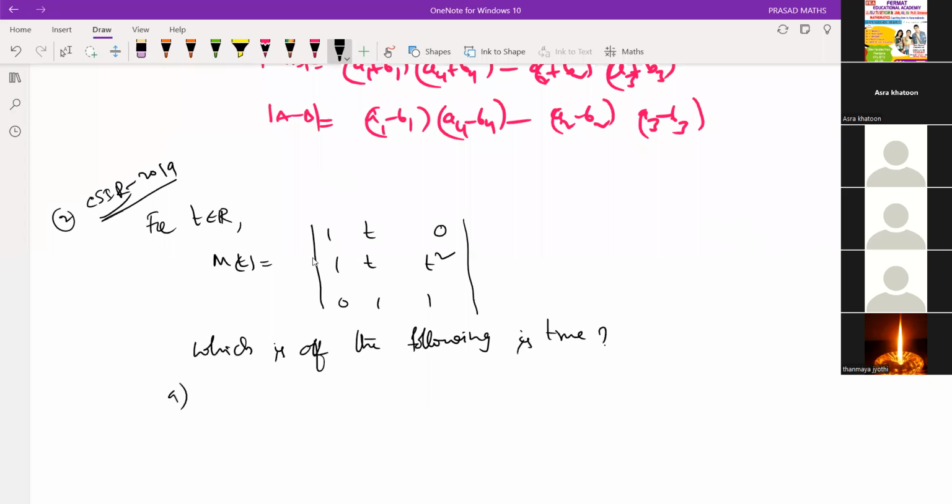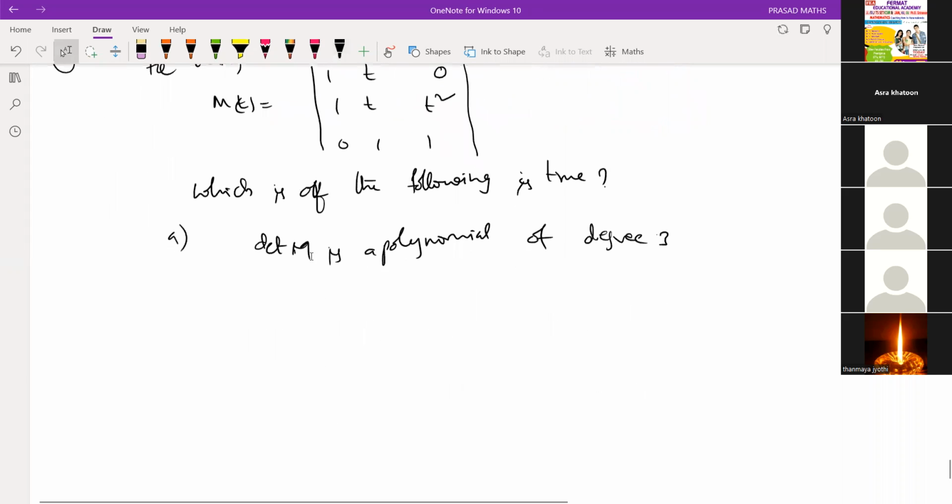Option A, det M is a polynomial of degree 3. Option B, det M is 0 for all t.